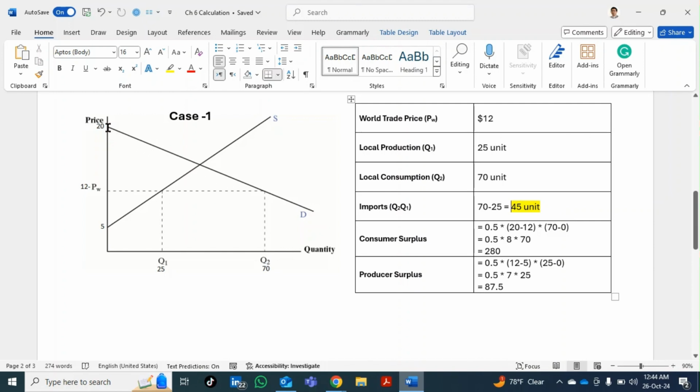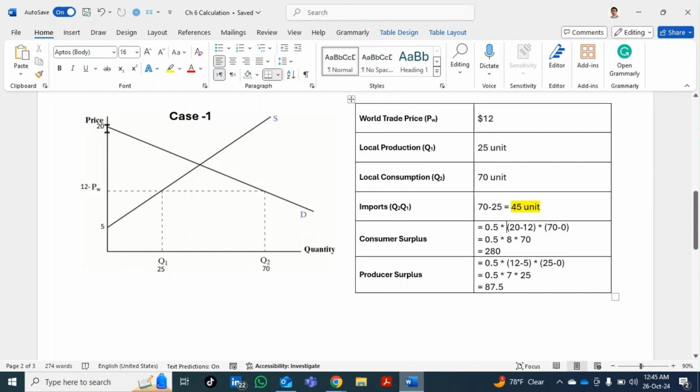To calculate this numerically, because this is a triangle, we calculate half of the area. If it's a rectangle or a square, we calculate the full area. But because this is a triangle, we start by multiplying by 0.5.